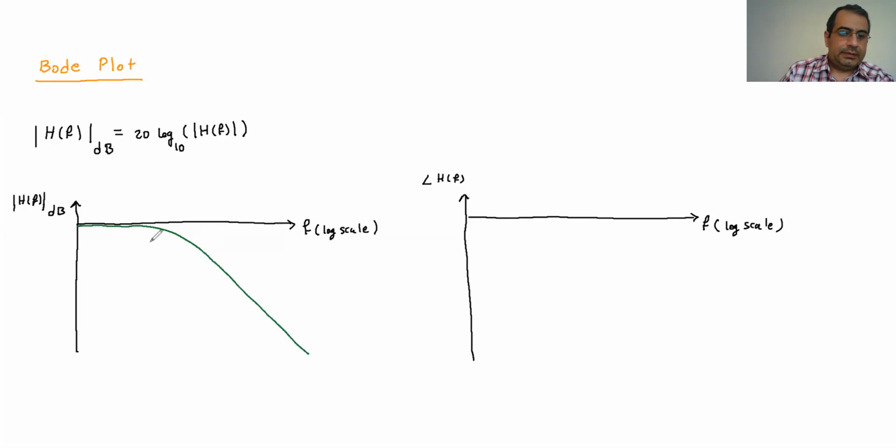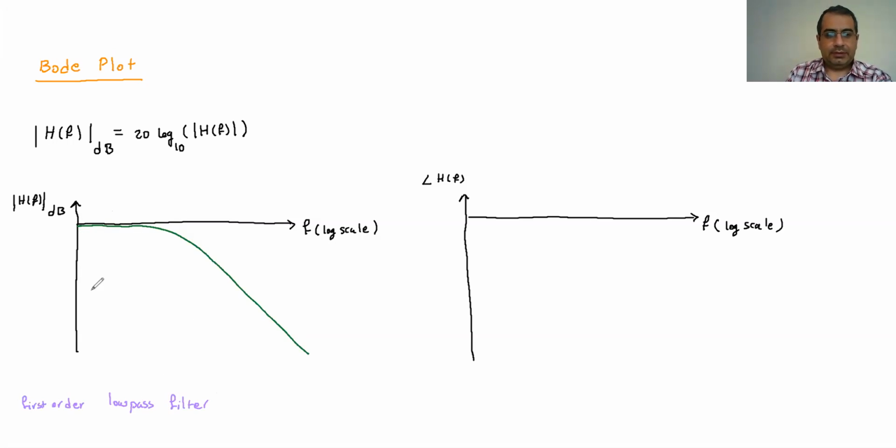This is the lower frequency, which lets everything pass through, and this is the higher frequency. Let me write it here: first order low pass filter.